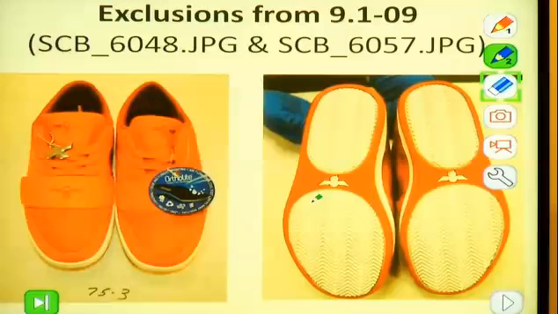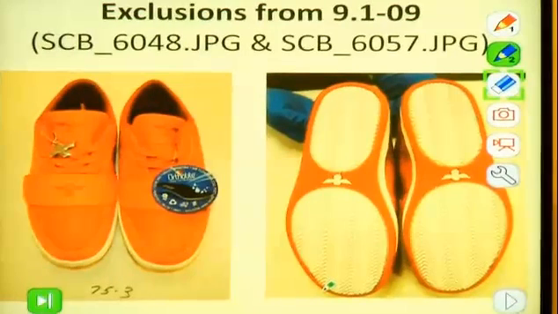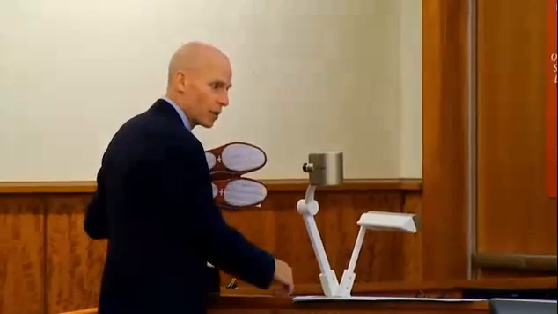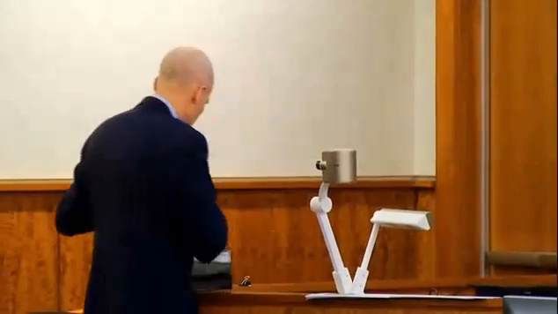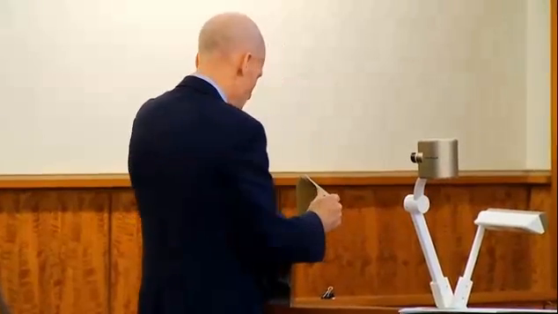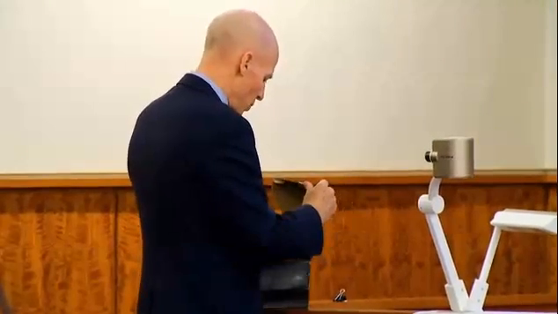So I'm just going to show you what was marked as Exhibit 348. You recognize these shoes, sir? I do. How do you recognize them? They were submitted to my laboratory and I examined them. And is that consistent with the outsole pattern that you've just been describing on the overhead? Yes. And as a result of examining the outsole, were you able to conclude whether they were similar or dissimilar?